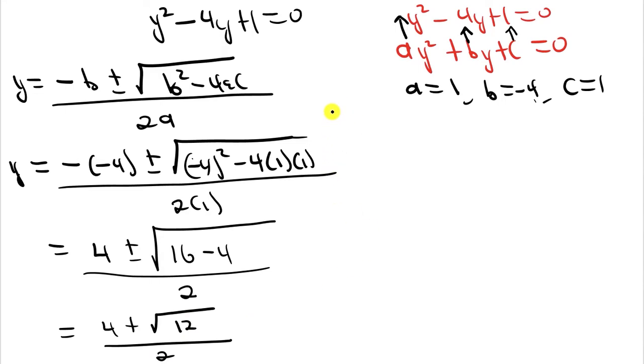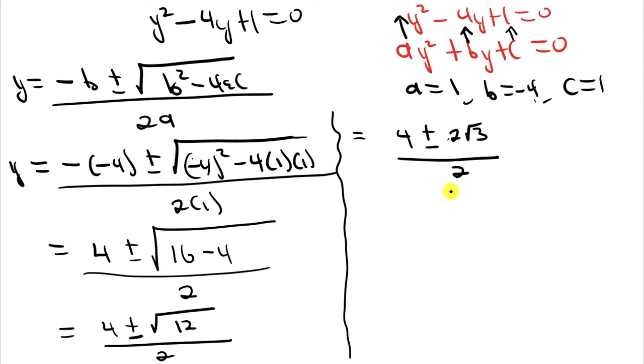Now, the square root of 12 can be simplified further. It gives 2 root 3, so we have 4 plus or minus 2 root 3 all over 2.